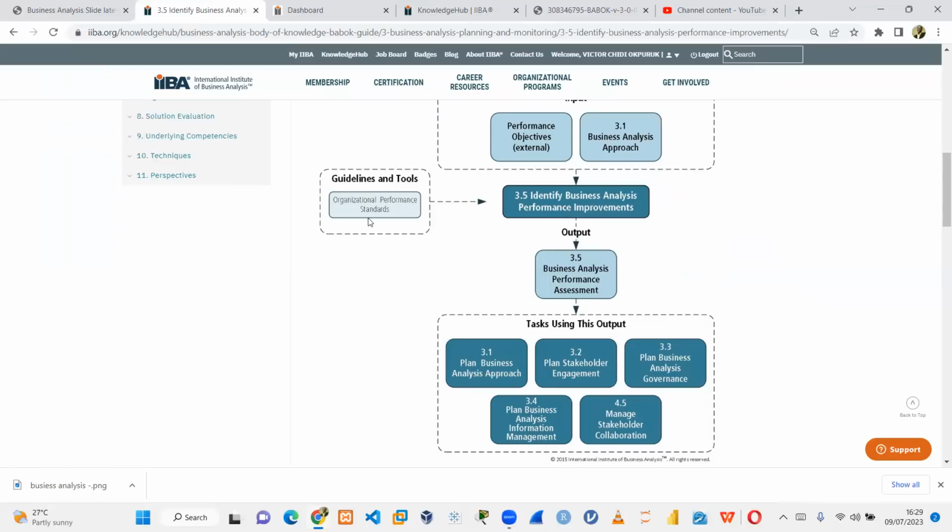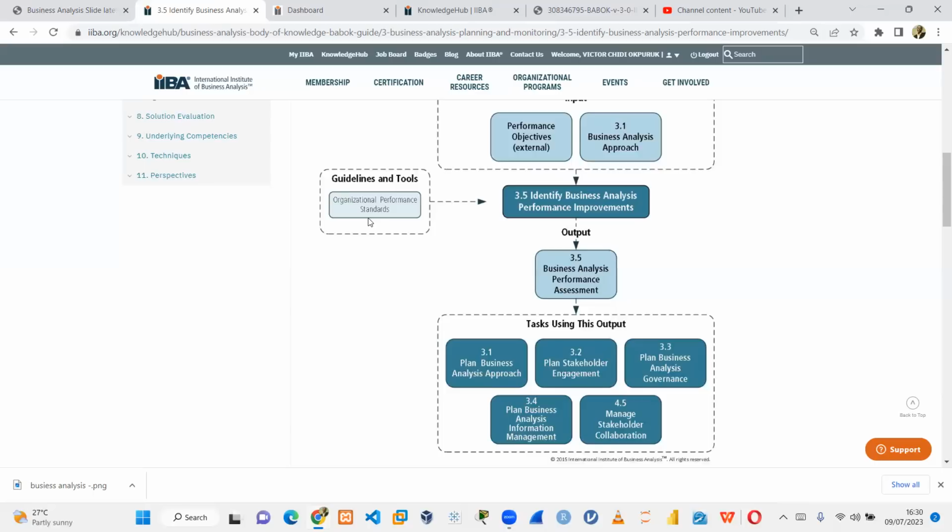organizational performance standards. Every organization is going to have what they call their standard. They're going to have their KPIs, their key performance indicators. It's different from a benchmark, but it's kind of similar. It's going to be their bare minimum, right?